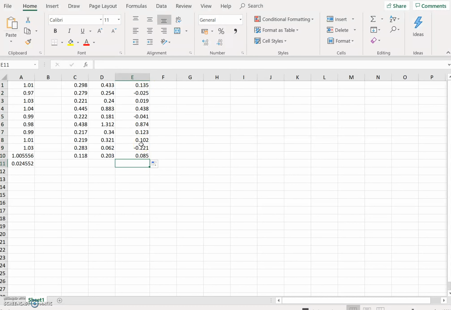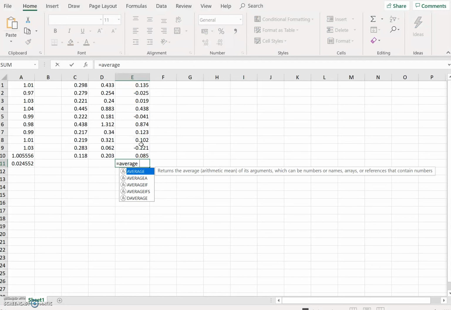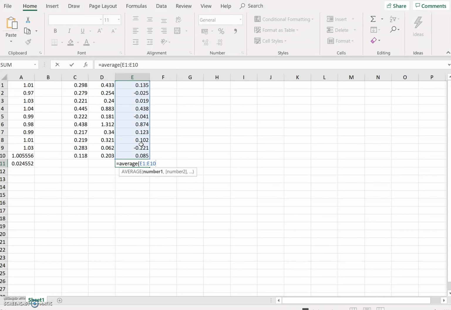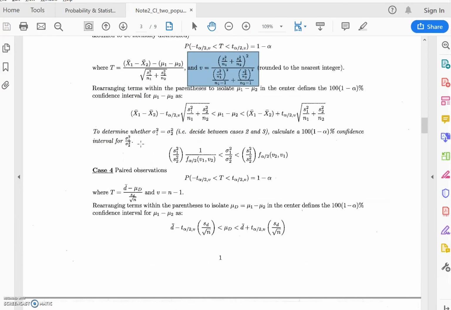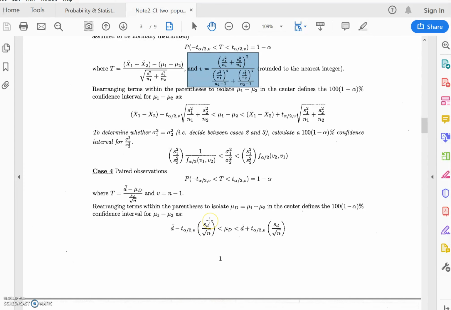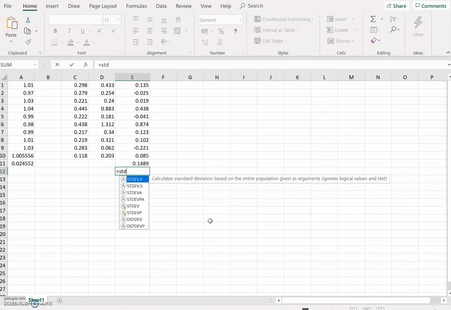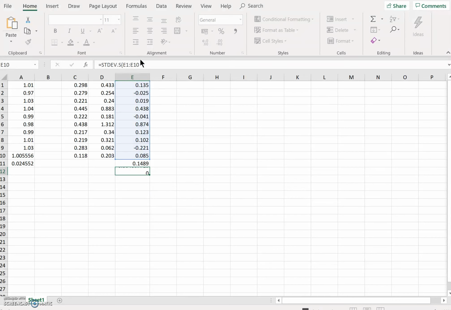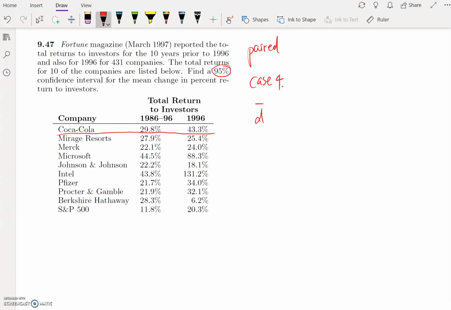For the D, we need to get the average, and we also need to know the sample standard deviation. So we get D bar equals 0.1489 and SD equals 0.3049 here.